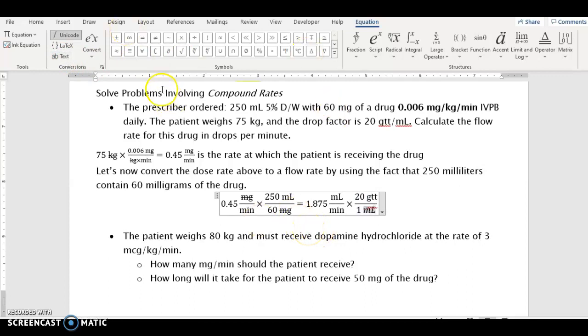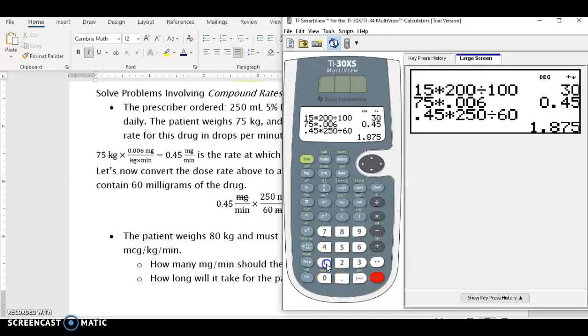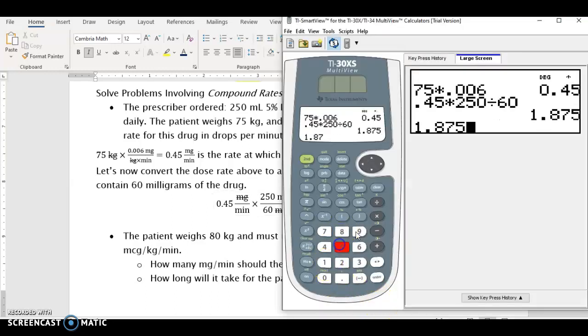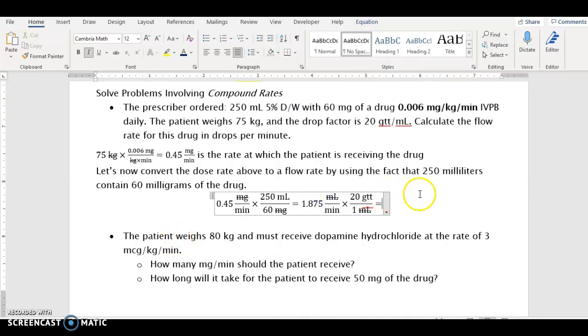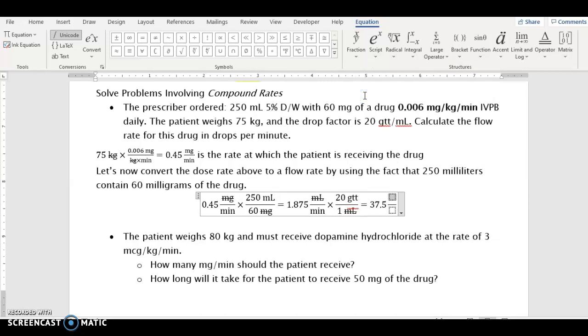In the process, we eliminate the units of milliliters, and we have the desired units: drops in the numerator and minutes in the denominator. So 1.875 multiplied by 20 is equal to 37.5. So the answer is 37.5 drops a minute. So that's the flow rate.